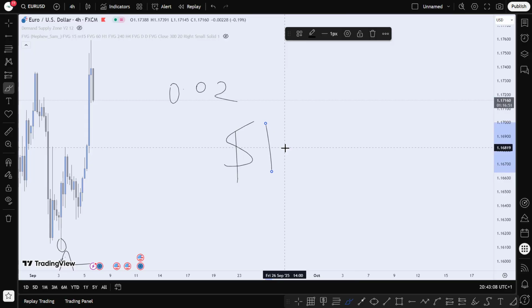Can anybody now tell us what it will give us? 91 pips using 0.02 lot size. What would now be the figure? I already have my answer, but can anybody just try?